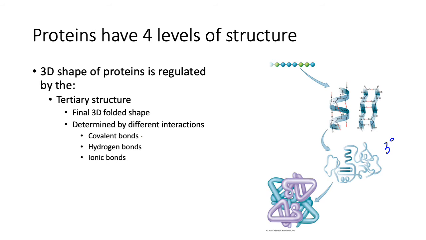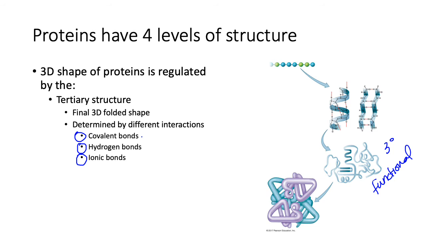Sometimes those amino acids can make covalent bonds. They can make hydrogen bonds. They can also make ionic bonds. So really all 3 types of bonds we've talked about work together between those amino acids to make that final 3D shape. And now at this point, once this protein has folded into that 3D shape, we can think of that protein as functional. It can go on and do whatever job it's supposed to do.